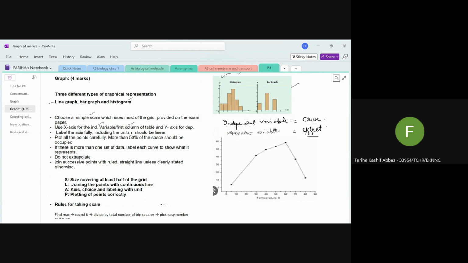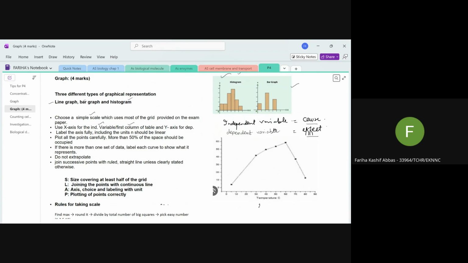For example, if we want to investigate the effect of varying light intensity on the rate of photosynthesis, so what is the independent variable? Our independent variable is varying light intensity. And what is our dependent variable? Our dependent variable is rate of photosynthesis. So independent variable will always be on x-axis.